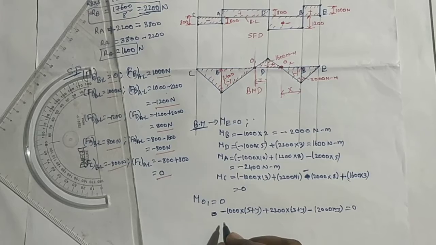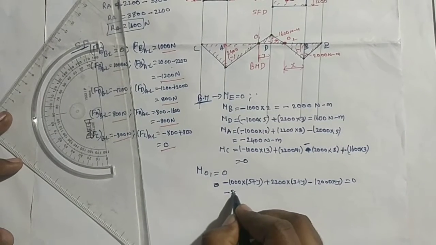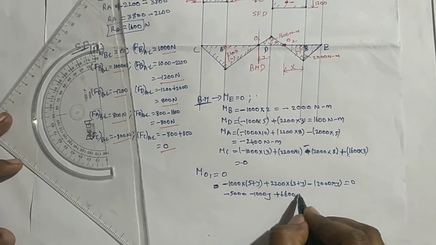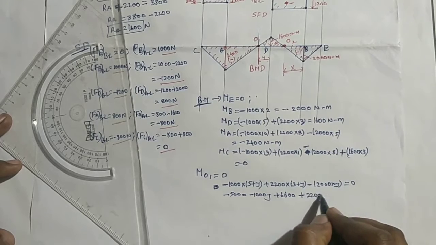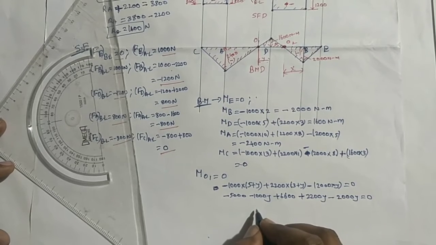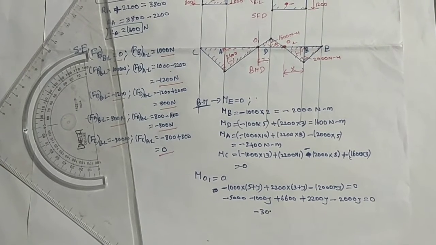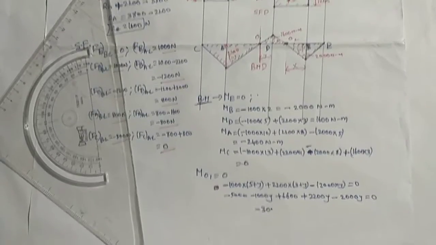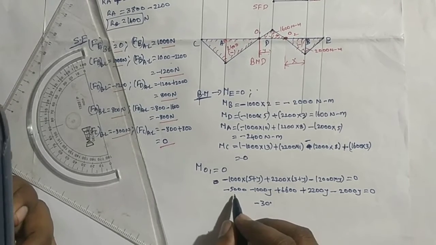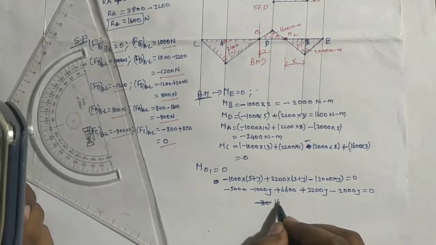By simplifying this equation, we get minus 5000 minus 1000y, plus 6600 plus 2200y minus 2000y is equal to 0. Minus 5000 plus 6600 gives 1600.